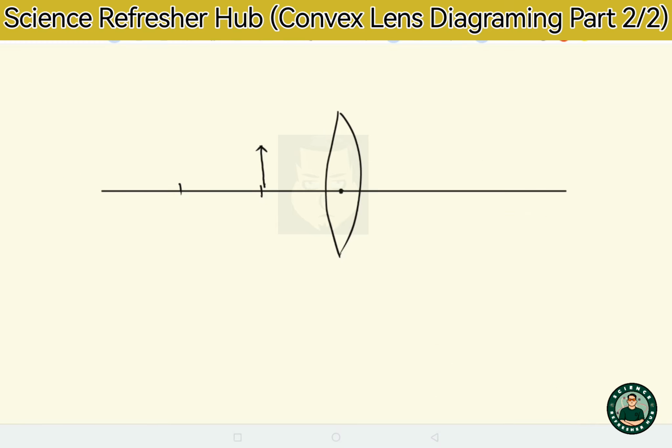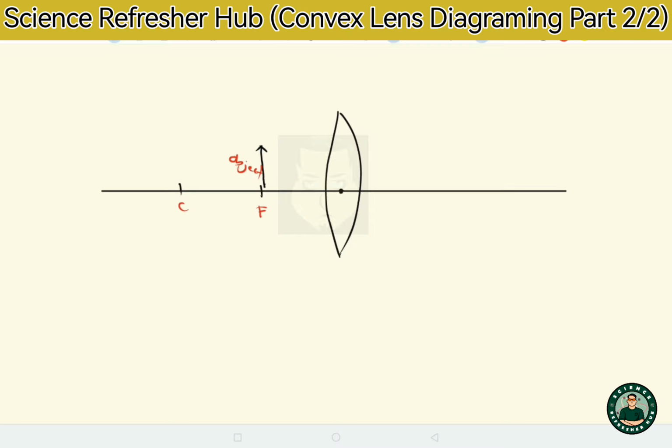Now, I'm going to show you what kind of image will be formed, and at the same time, where the image is located, if our object is at the center of curvature of the lens. And then we have the focal point. If the object is there, where will our image be formed?